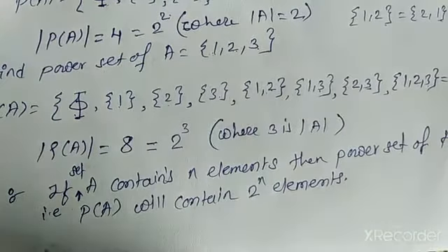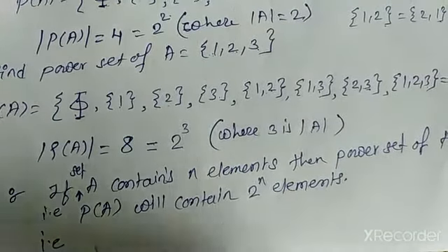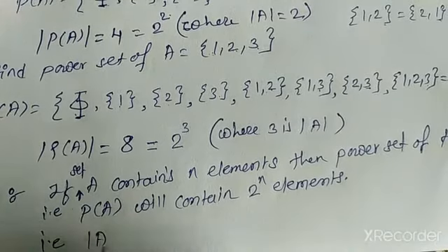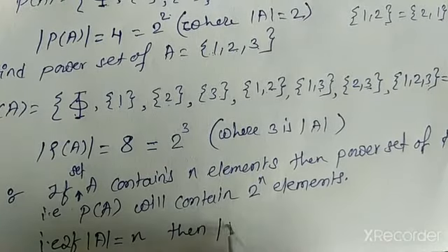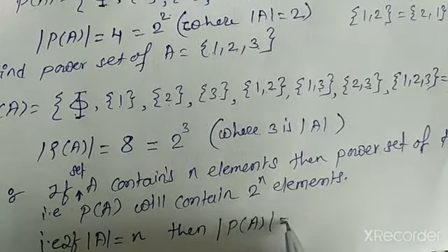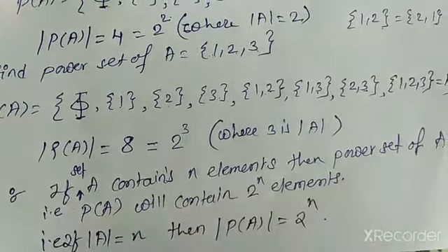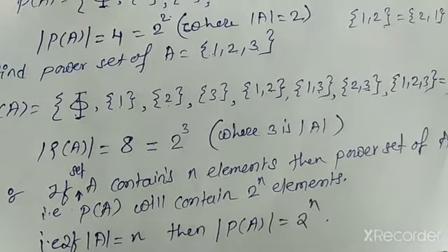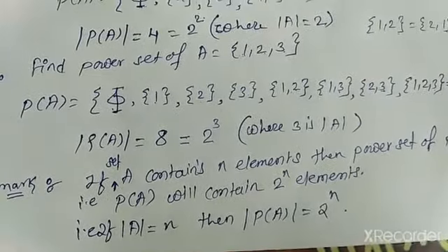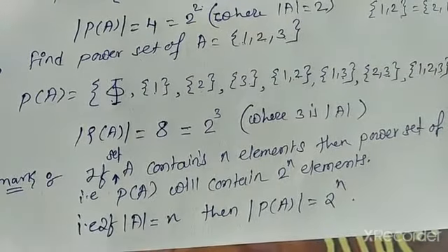That means in mathematical form you may write, if cardinality of A is equal to n, then cardinality of P of A is equal to 2 raised to n. This is a remark related to the cardinality of a set and the power set of A.